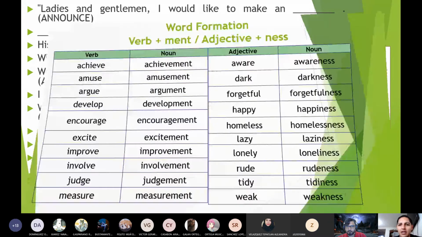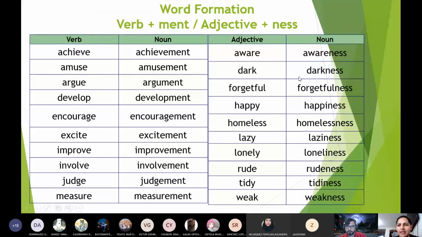Where is homeless? Here it is. Adjective. A homeless person. A person who has no home, who lives in the streets, right? Homelessness is a noun, you know.